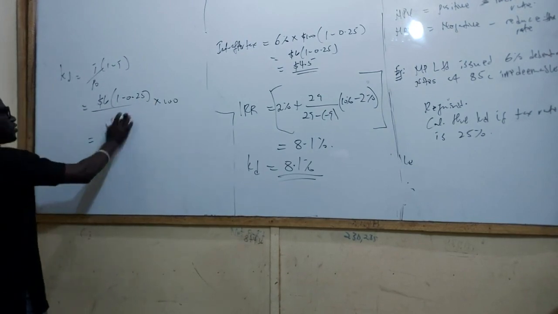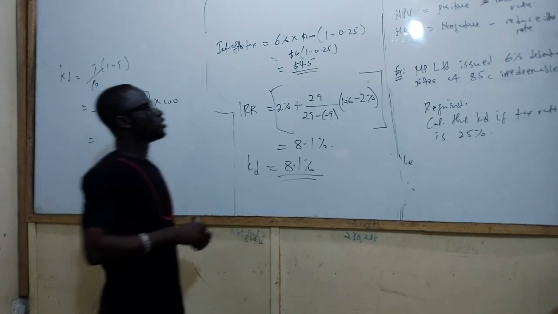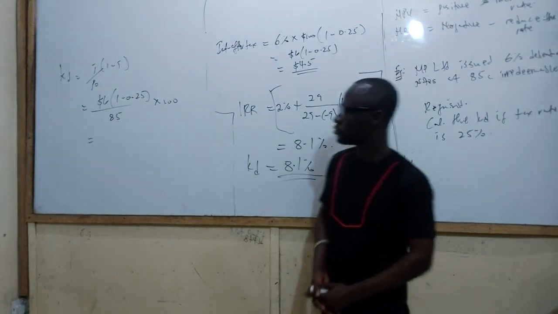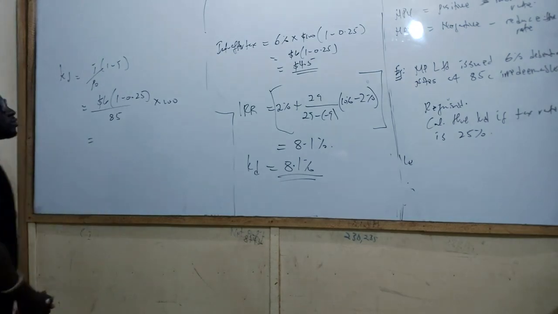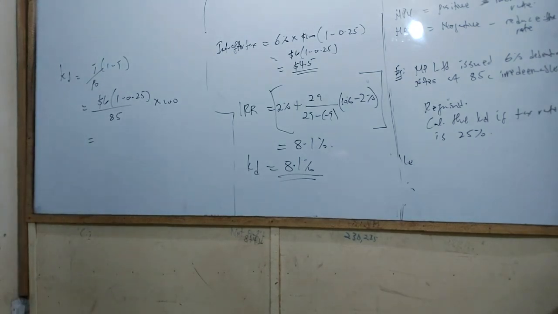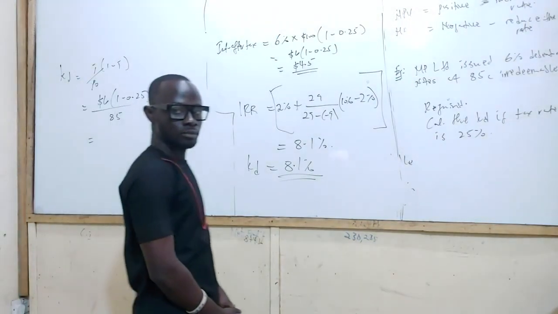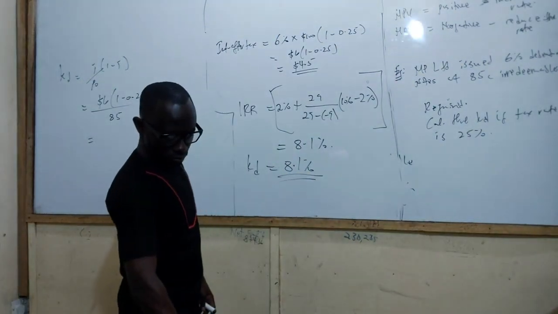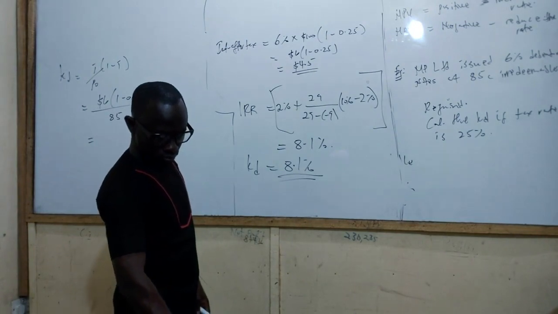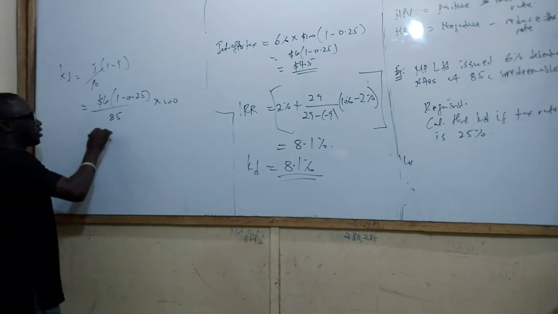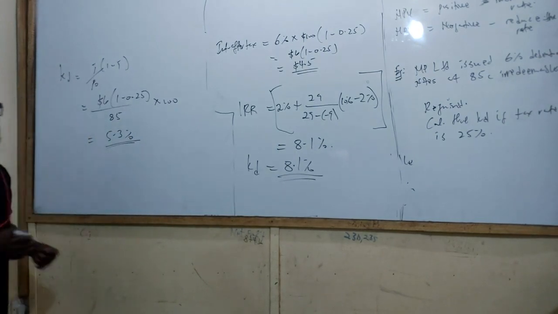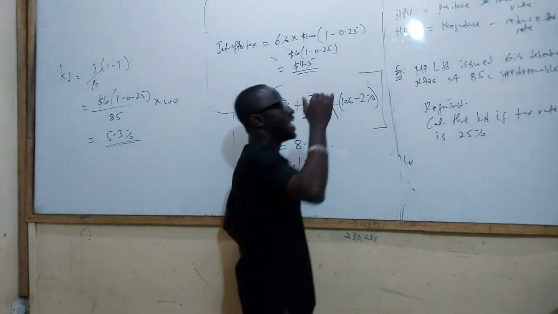What do I have? 5.3%. There you go. So that's how you deal with it if it is an irredeemable debt.